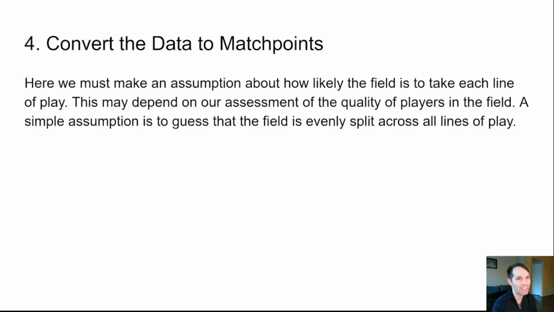And most people can't. I mean, I can't. So a simple assumption here that we often use is that if we've come up with 3 different candidate lines of play, then 1/3 of the field will pick line 1, 1/3 will pick line 2, 1/3 will pick line 3, right? So that will make our analysis a little bit easier.